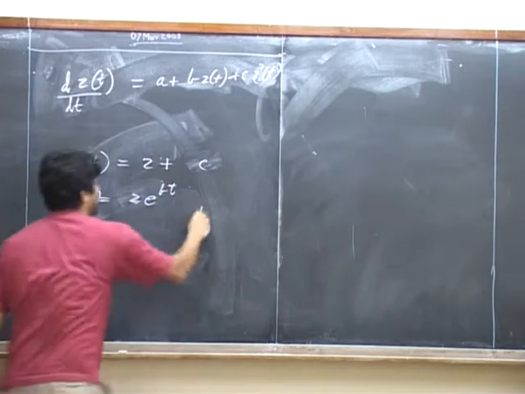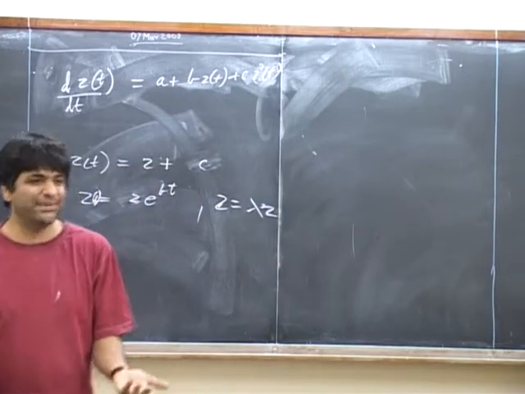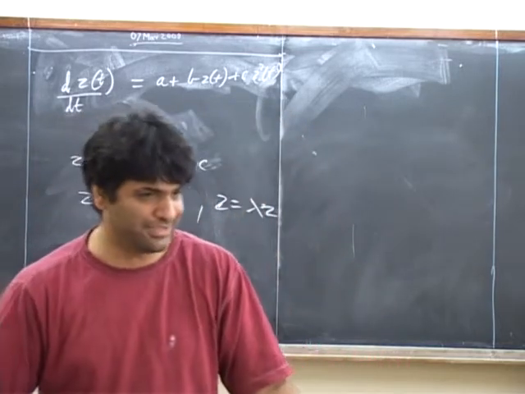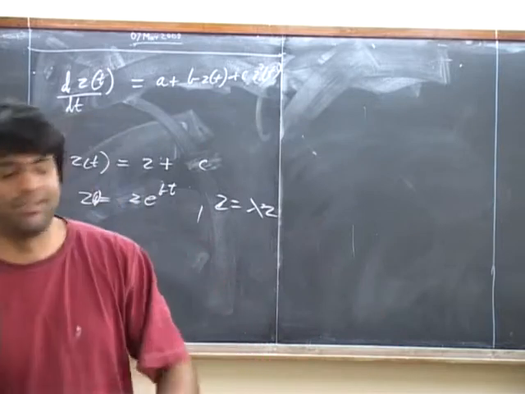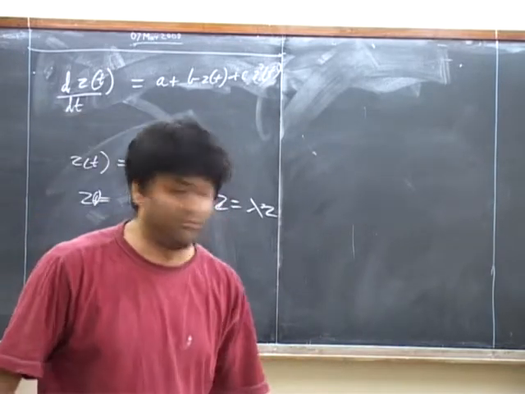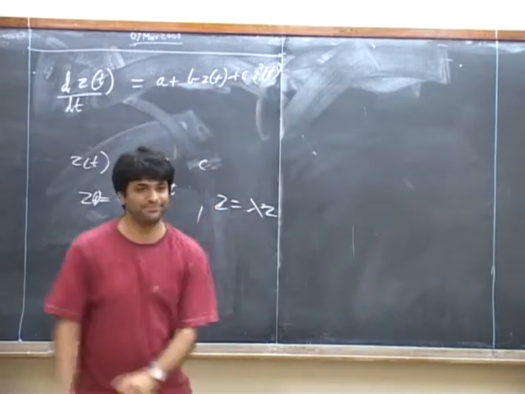So this is z goes to lambda z. These two we knew. These were the obvious conformal diffeomorphisms in the theory. Translations clearly leave the metric conformally unchanged, and scaling clearly leaves the metric conformally unchanged. But the new and interesting thing here is the c term.